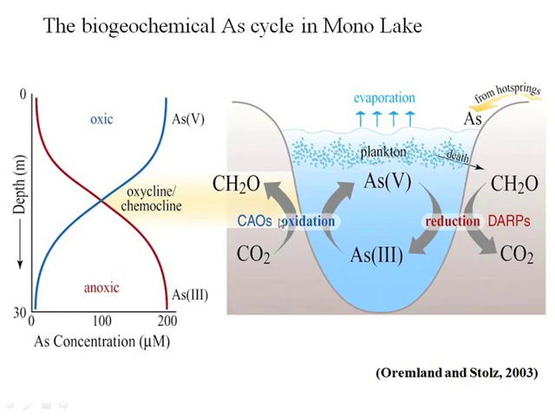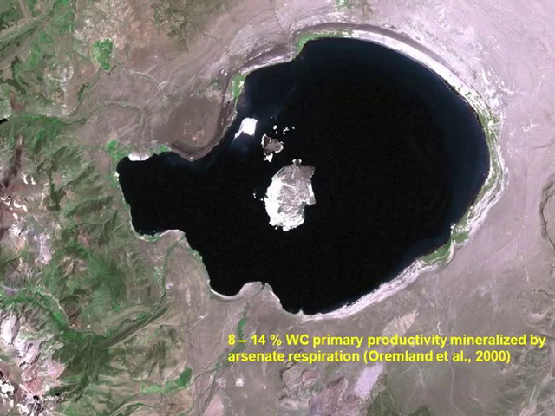And then we see the reverse reaction at the oxycline, where we have the chemoautotrophic arsenite oxidizers that are going to make a living by oxidizing arsenic 3 to arsenic 5, and they're going to basically use the reducing power of arsenic 3 to fix CO2 into organic carbon. Okay, so this was what Oremland's group was studying when I joined their group.